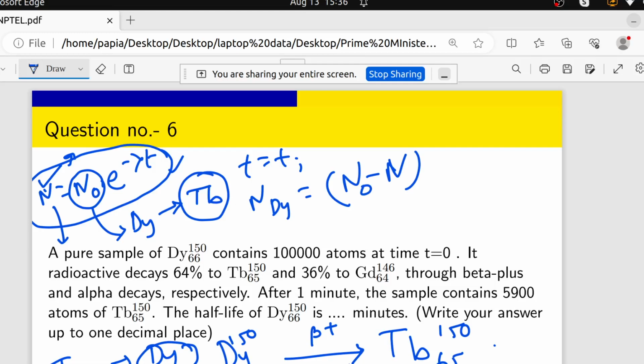These two processes are going on simultaneously, beta plus as well as alpha, where beta plus has a contribution of 64% and alpha has a contribution of 36%. They have given some data based on these two interactions, and they are asking about the t half of Dy.